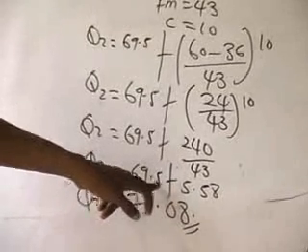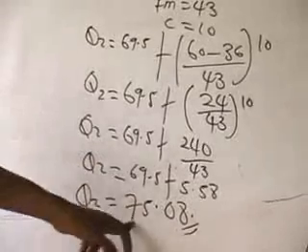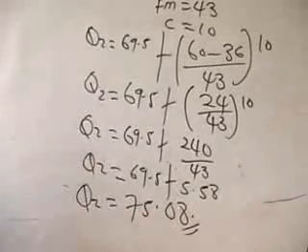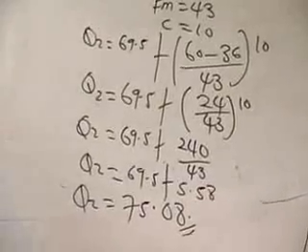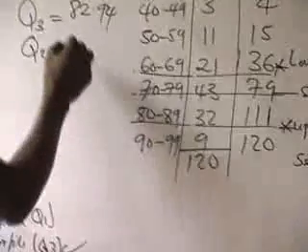And 69.5 plus 5.58 gives us 75.08. So let us now write it here as well. Our Q2 is 75.08.